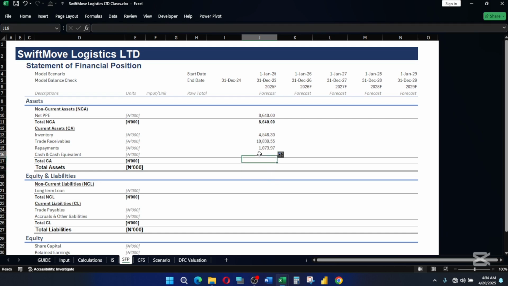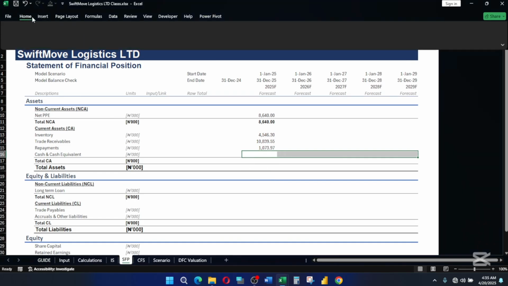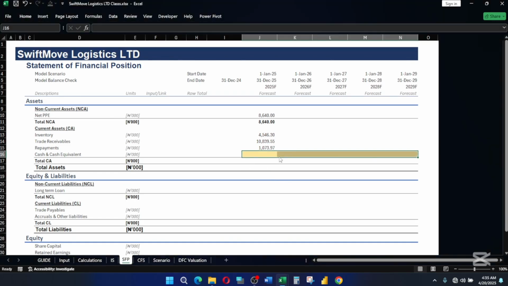Under this cash part, we have not built our cash and cash equivalent yet, so we're just going to apply this as a reminder. Now what is our total asset? Our total asset is this plus our current asset. We have this.